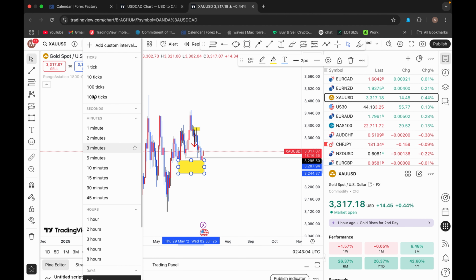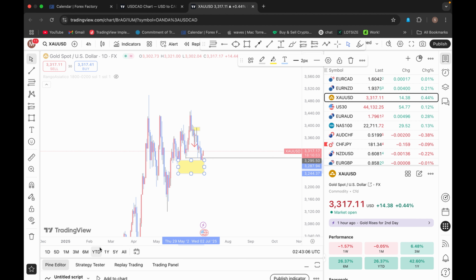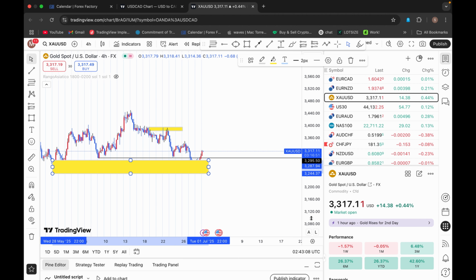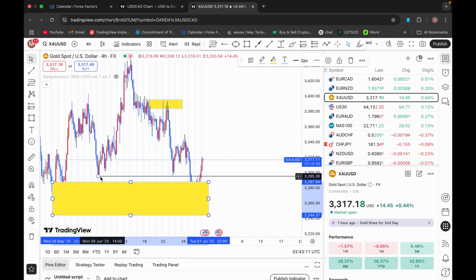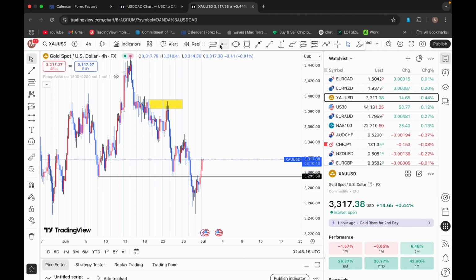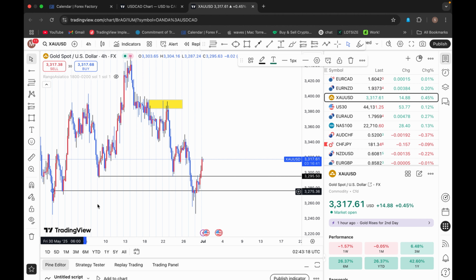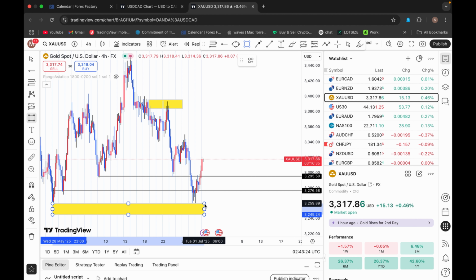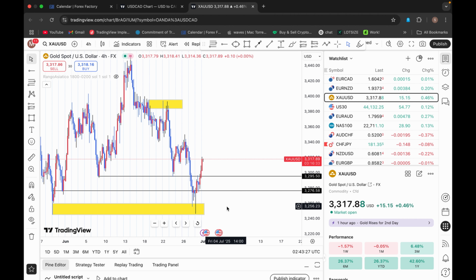Let's look at it from the H4. There, as you can see, we've got, let me just send this back. Let me remove it. Yeah, so this becomes our demand area, the fresh demand area, because you can see the wick action around that area.